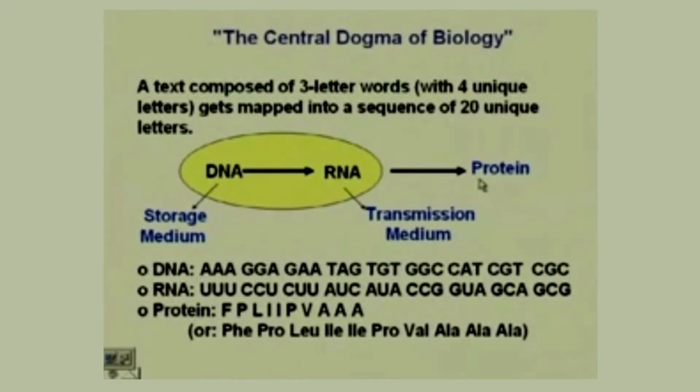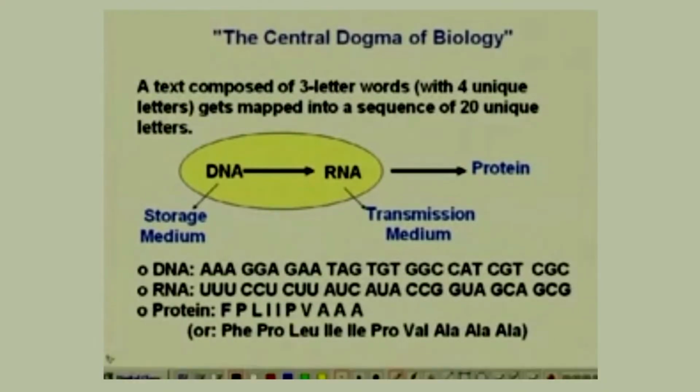The alphabet of DNA, RNA and protein is slightly different. What is this alphabet? In DNA, we have 4 letters to the alphabet. The 4 letters are, as you can see here, A, G, T and C. These are the 4 letters that comprise the alphabet of DNA.